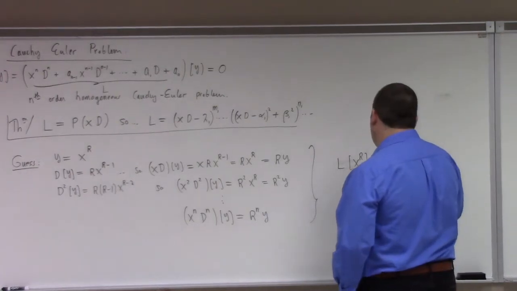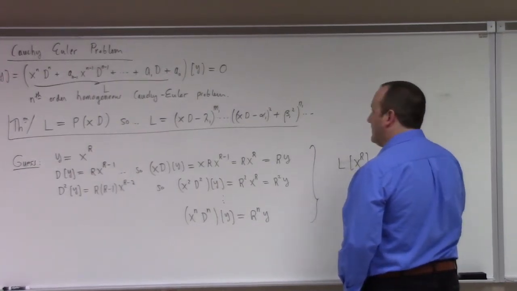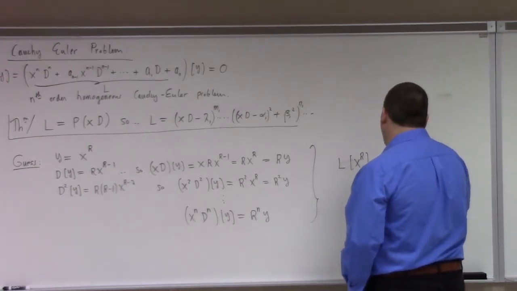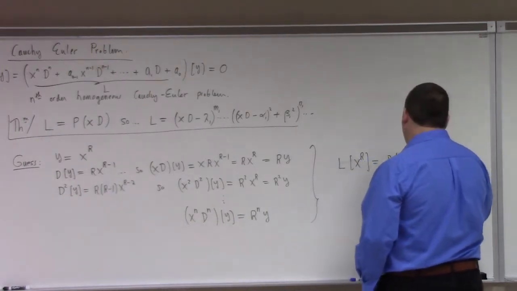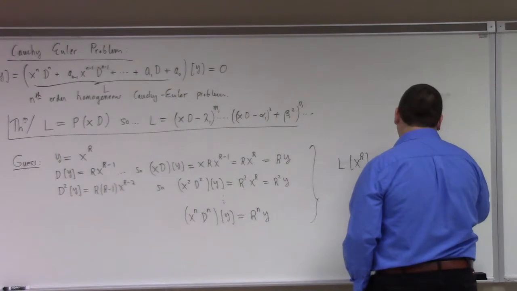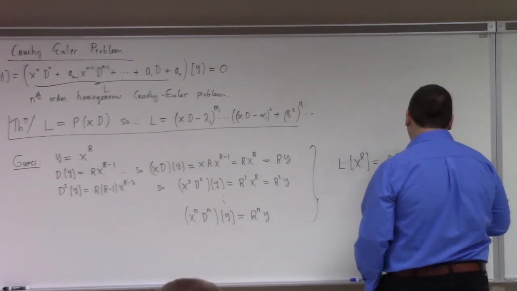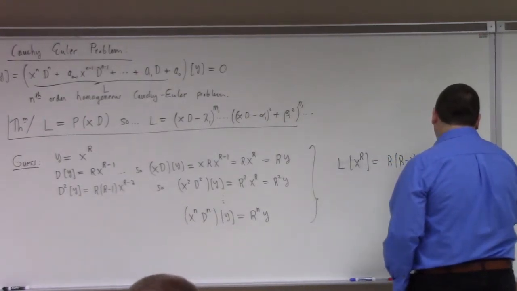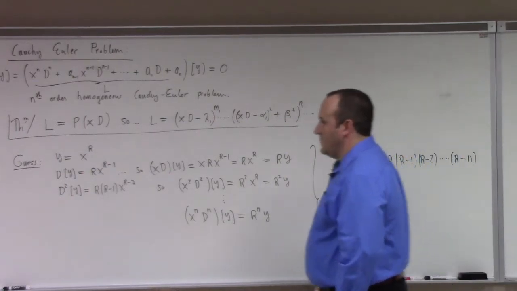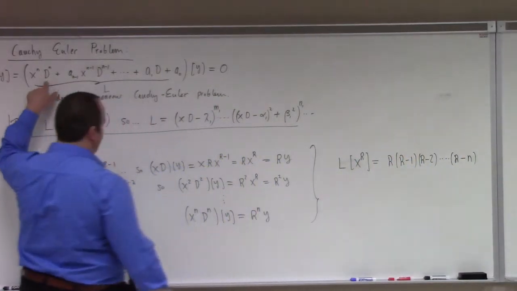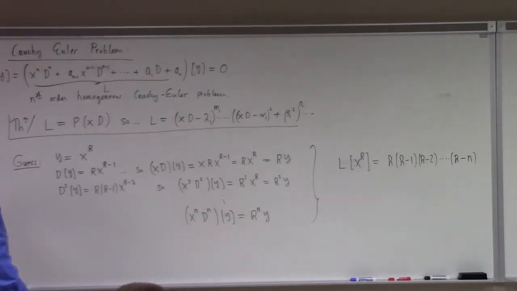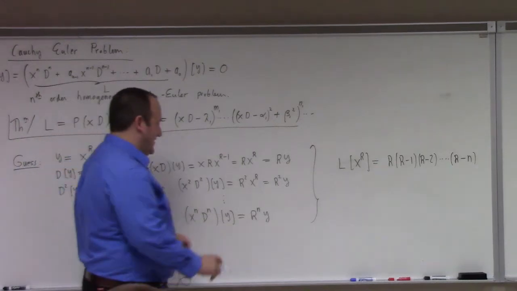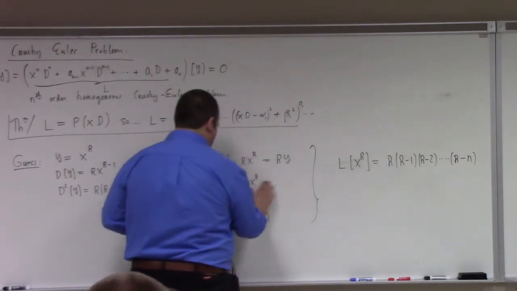I mean, it gives us r times r minus 1 times r minus 2, dot dot dot, r minus n. Oh, I'm sorry. You guys shouldn't have believed me there. That's nonsense. Come on, guys, you got fished in.